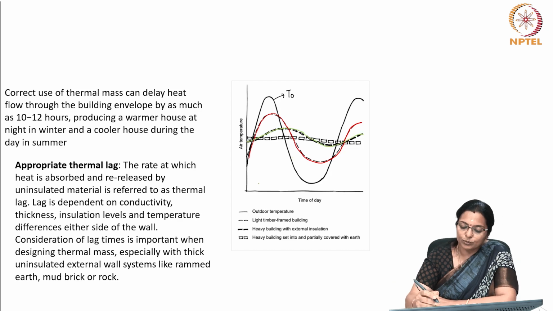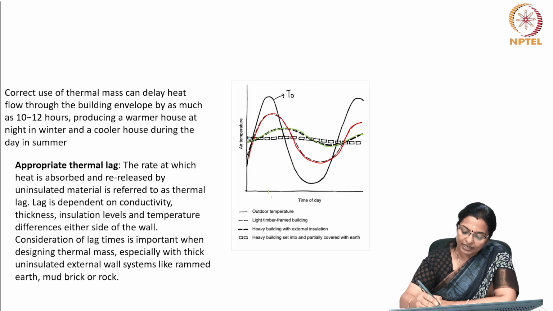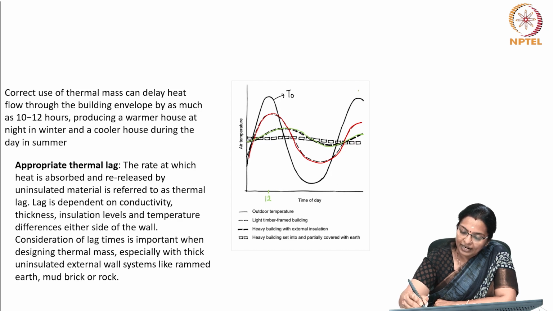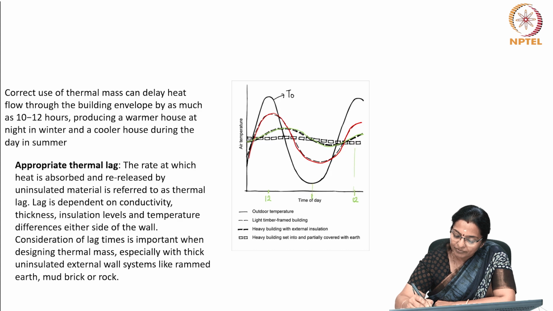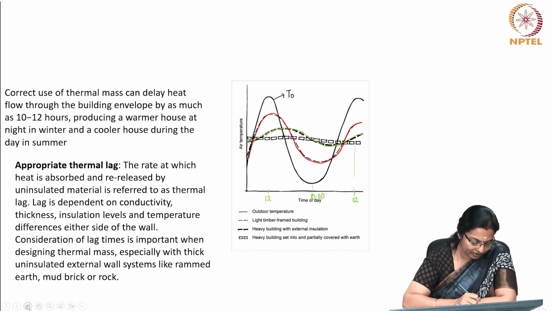Now, my guess would be this time would be somewhere around say 12 noon. Let us consider this as 12 noon, and this is the 12 noon of next day, and let us just theoretically consider this as midnight. And then look at the heavy building set into and partially covered with earth.